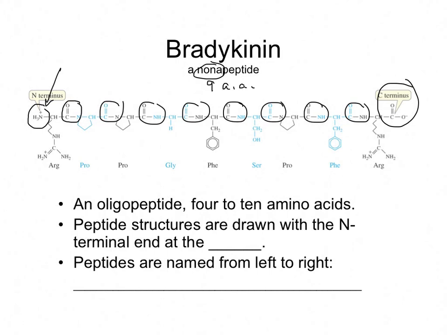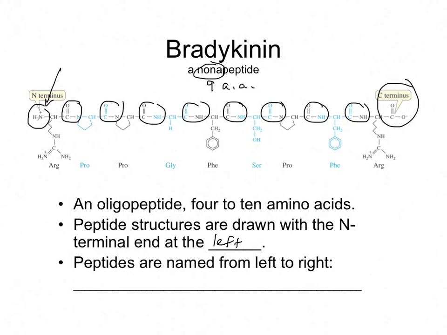Okay. Now, let's just fill in some of these little gaps here. The N-terminus end is at the left, so fill in this one blank. Left-hand side, C-terminus is to the right. Peptides are named from left to right, and they use the little 3-letter abbreviation for them.